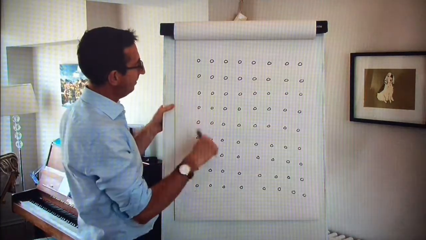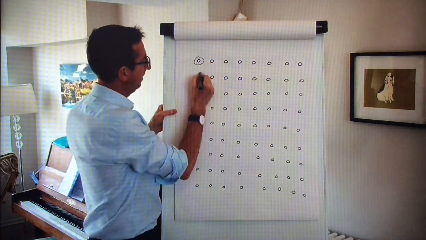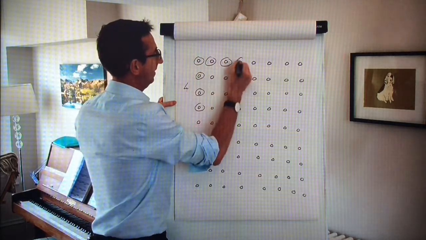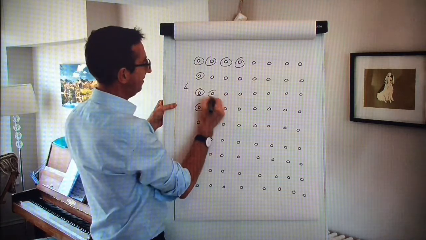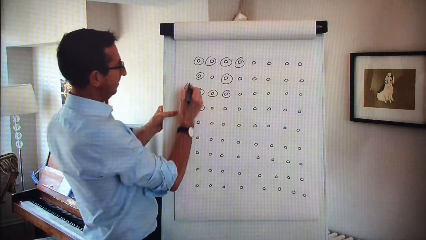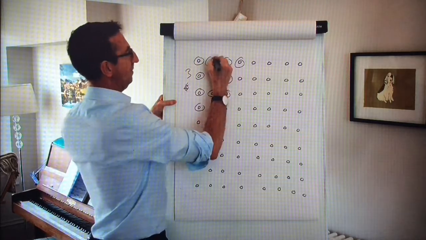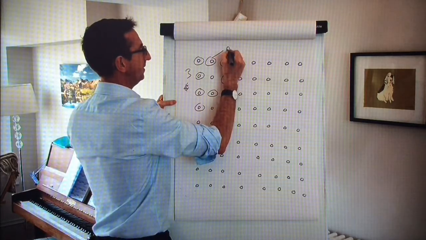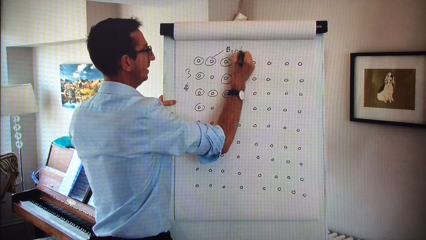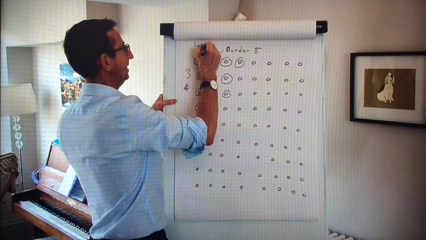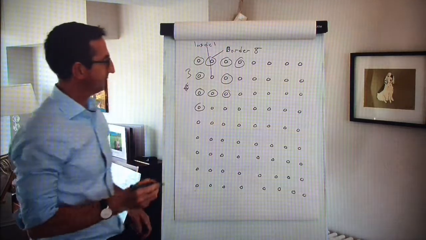You would say, well, how big was the chocolate box before? 1, 2, 3, 4. There was 4 on the side. Oh, no, there wasn't. There was 3 on the side. So when there was 3 on the side, the outside border was 8, and the inside was 1.